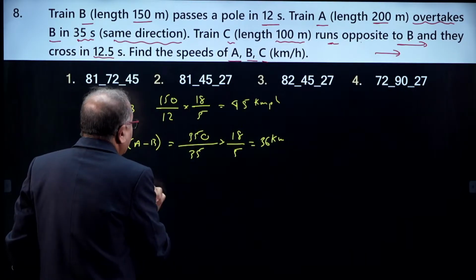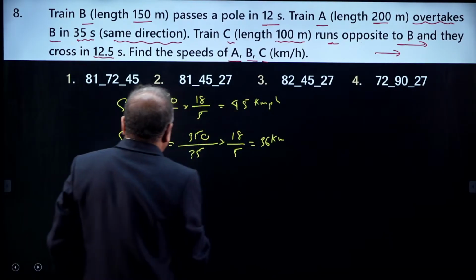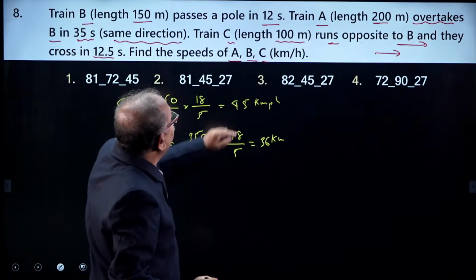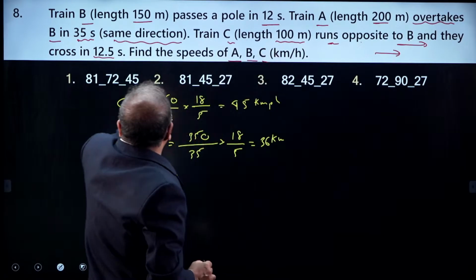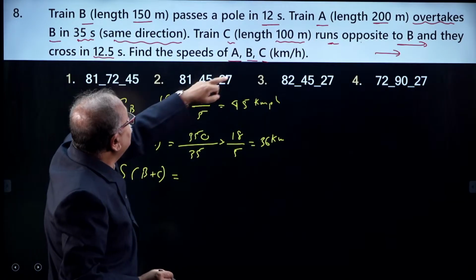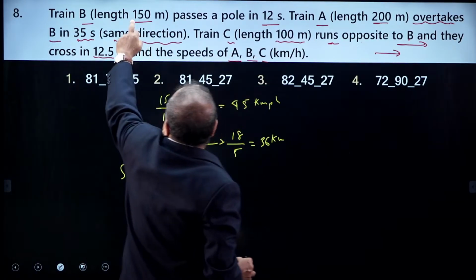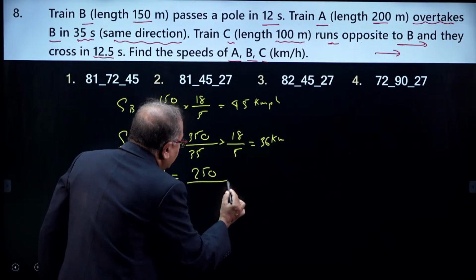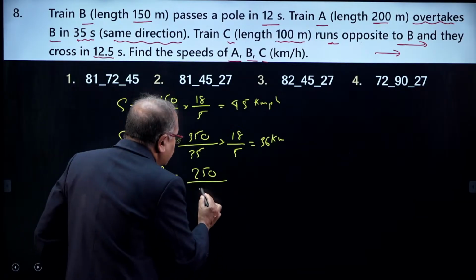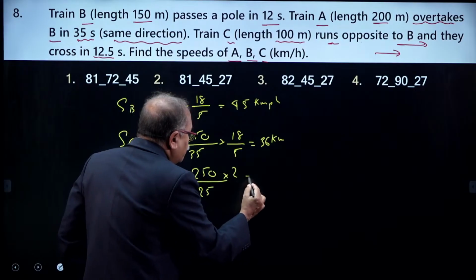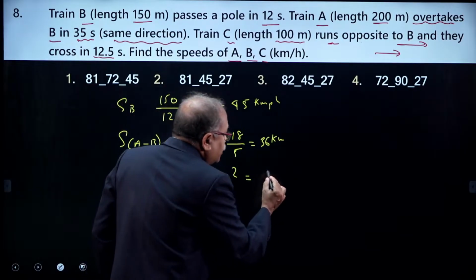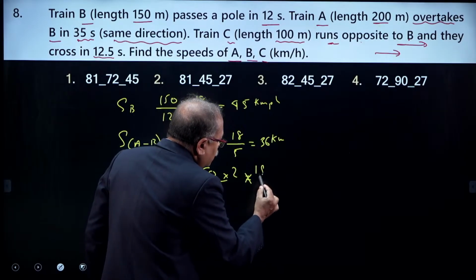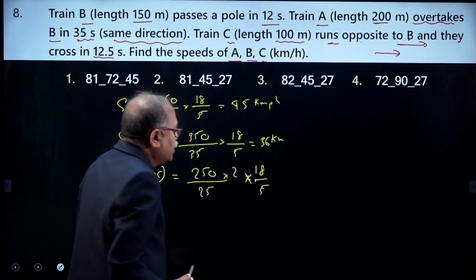That means here I get B plus C. The length of C is 100 and the B length is 150, that comes to 250. 250 divided by 12.5, which is 20, I need to go for into 18 by 5.